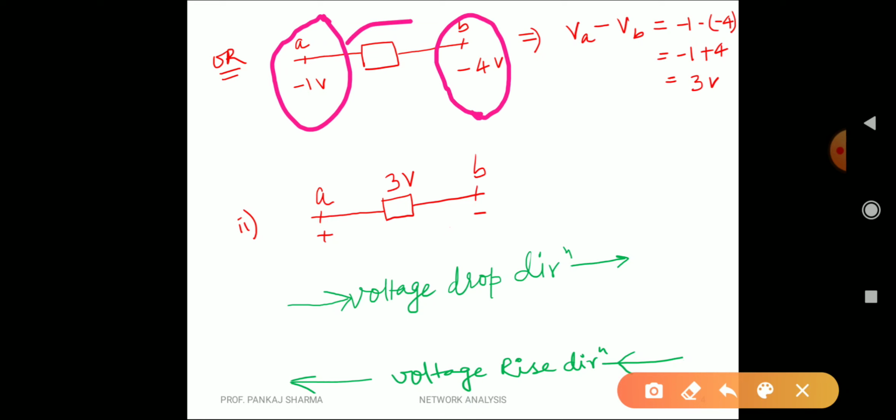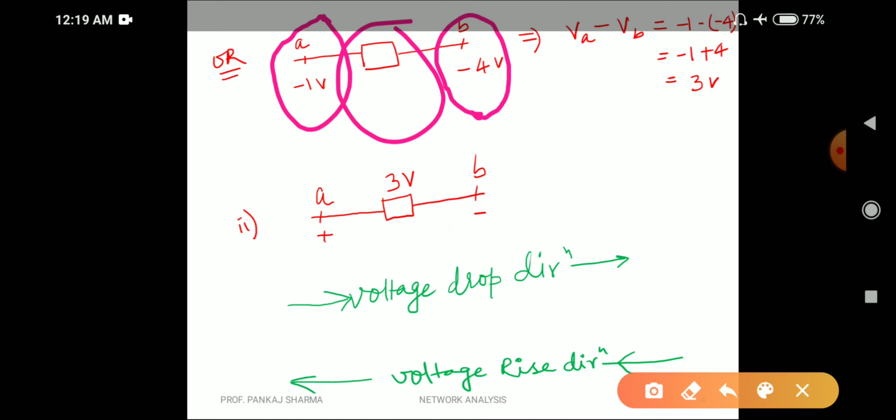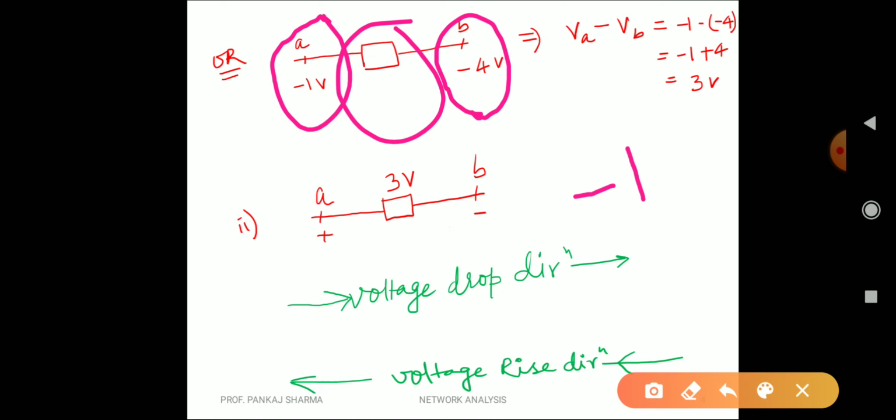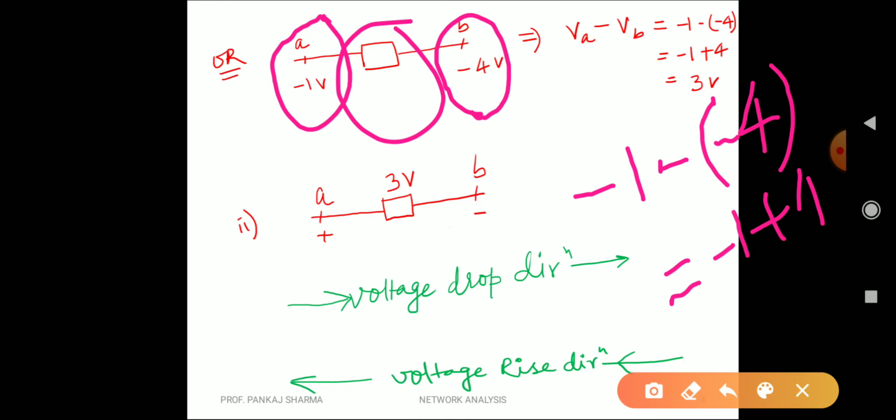So what will be the potential of this block? The same idea: VA minus VB is equal to the potential of point A, minus 1, minus the potential of point B, which is minus 4. So it comes to minus 1 plus 4, which is 3. The voltage is 3 volt.